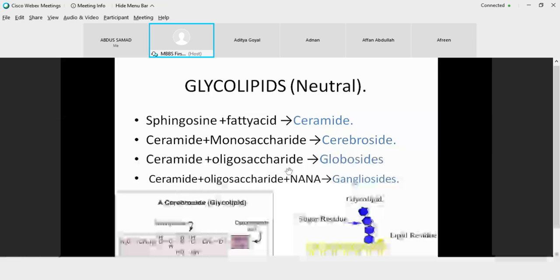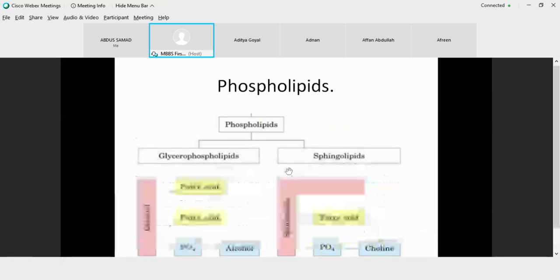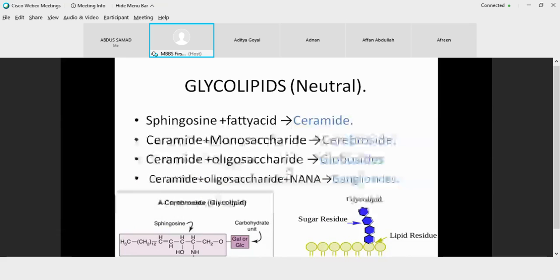To this ceramide, sphingosine plus one fatty acid, we are not attaching a phosphate group like the one present in this class. Here we had a phosphate group because it was a phospholipid. When we are talking about a glycolipid, it is neutral like your triglycerides. It's not having any charge here.